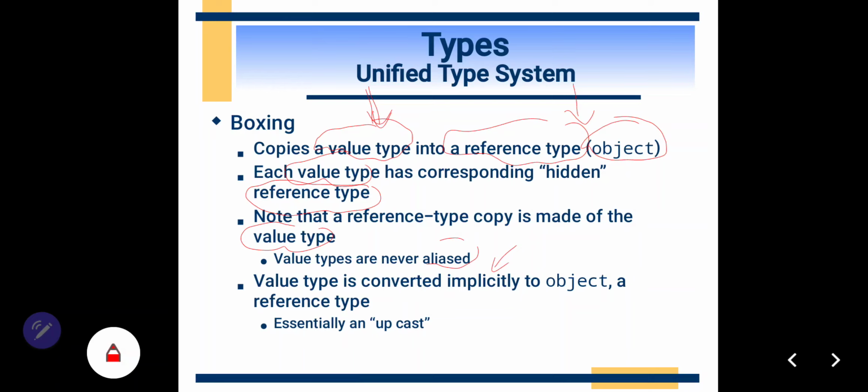Okay, so your data moves from one place to another place without losing data. A reference type. Okay, essentially an upcast. If you know, there are two casts, upcast and downcast.